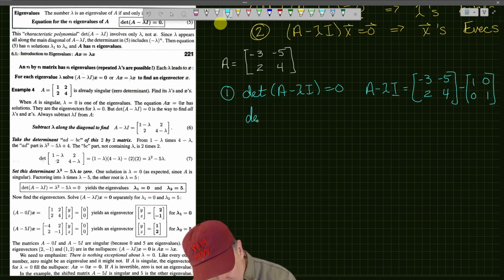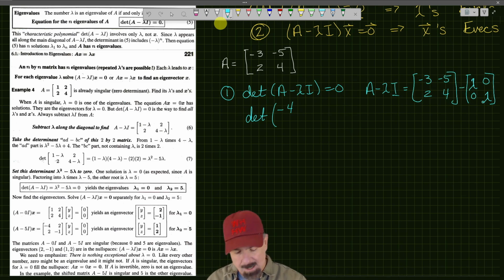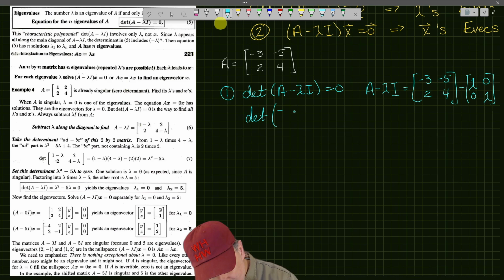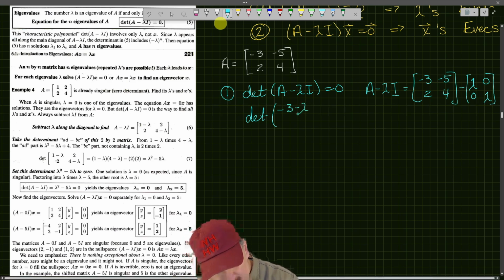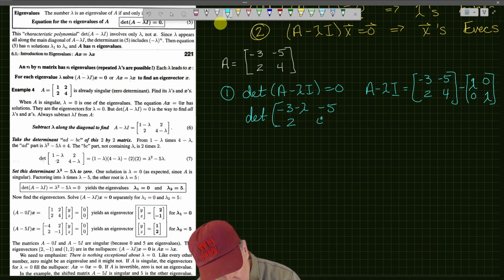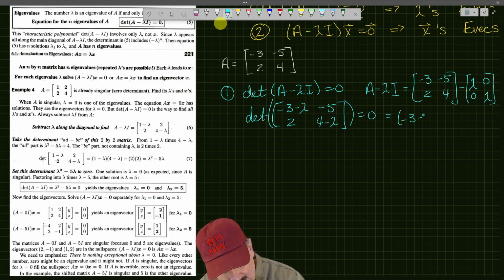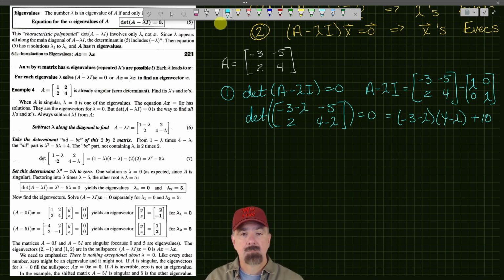So we want the determinant of -3 minus lambda, -5, 2, and 4 minus lambda. That determinant is equal to (-3 minus lambda) times (4 minus lambda), minus a -10, so that's plus 10.